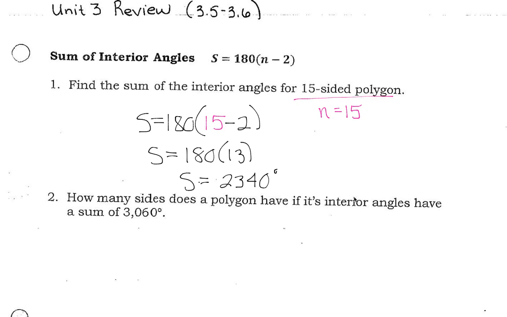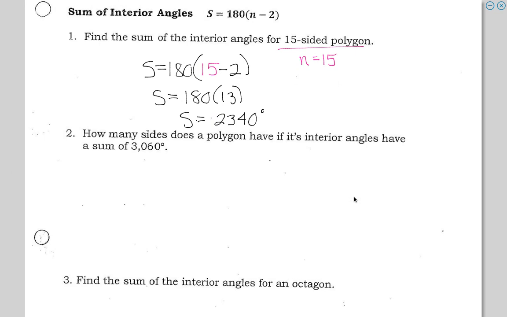Number 2 is the other way. Number 2, we're saying that S equals 3060. So this is going to be 3060 equals 180 times N minus 2. Now, I know a lot of you are going to distribute that 180, and that's perfectly fine.